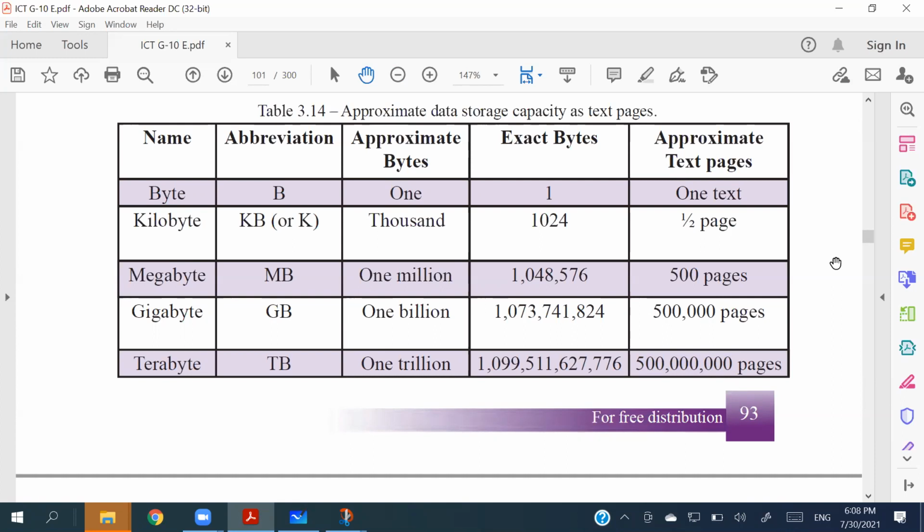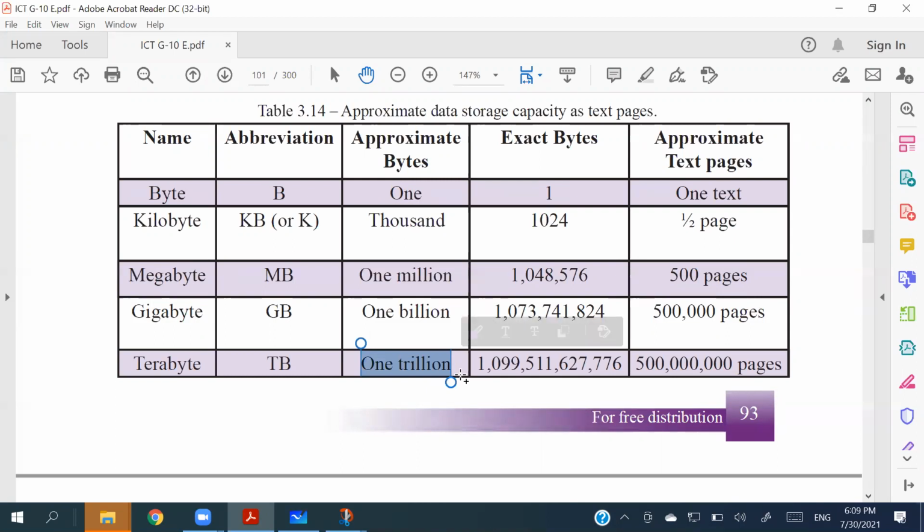And again, when it comes to the comparison of bytes and other units, if they take it as approximately equal to the thousands, kilobyte is equal to 1000 bytes, and megabyte is equal to 1 million bytes, right? And gigabyte is equal to 1 billion bytes, and terabyte is equal to 1 trillion bytes.